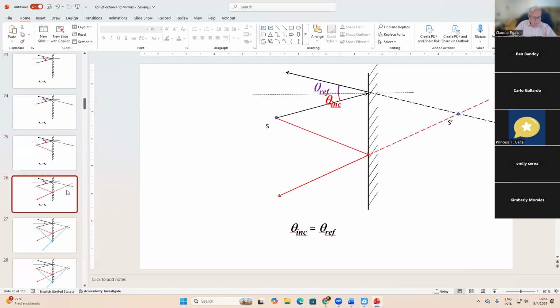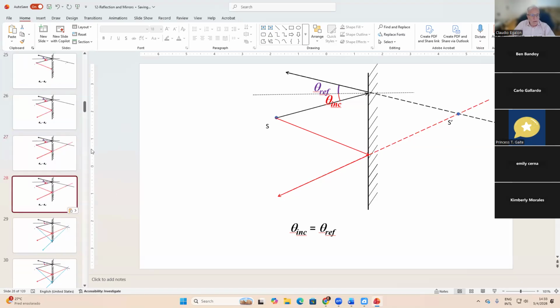Next, we are going to draw the reflected light ray. Okay, let me erase that for now. And then we draw this extension of the second reflected light ray.